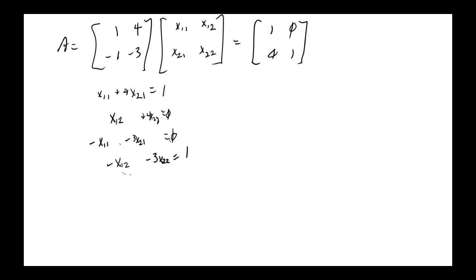Now, if you did what I kind of indicated here, x11 plus 4x21 equal 1, and minus x11 minus 3x21 equals 0.